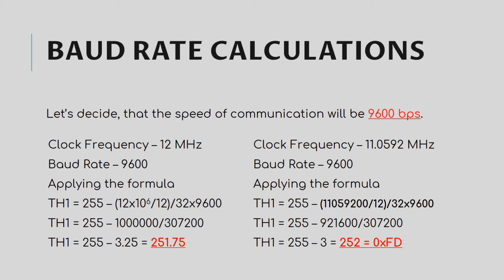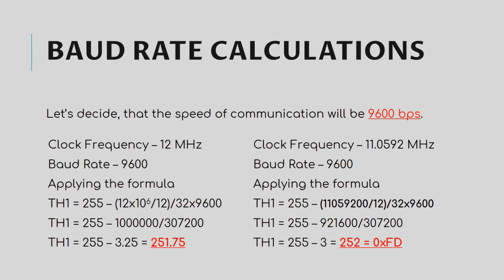Here I have given two calculations, but let's focus on the clock frequency of 12 megahertz, with baud rate 9600. If we apply the formula, it will be 255 minus, let's convert 12 megahertz into hertz, 12 into 10 to the power 6 divided by 12. 12 will be cancelled, and divided by 32 into 9600.